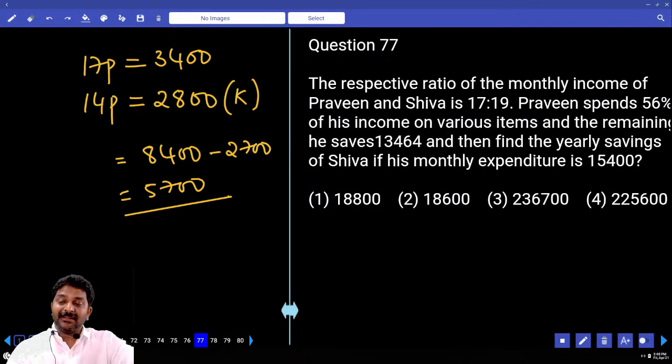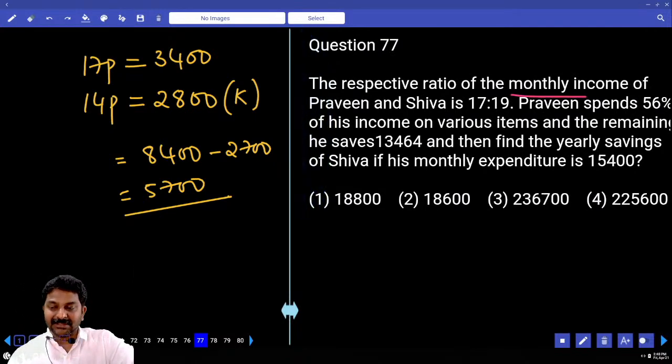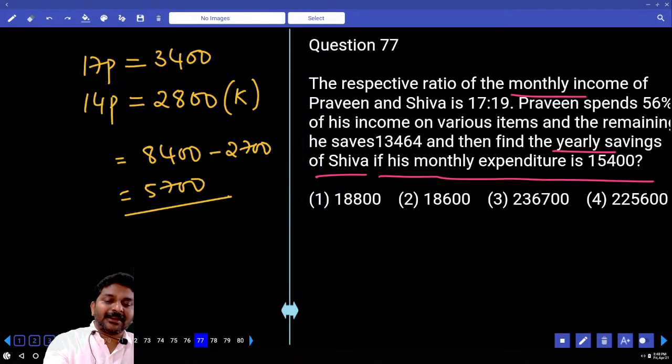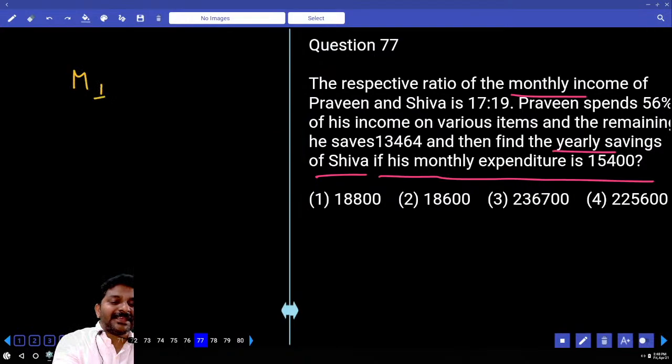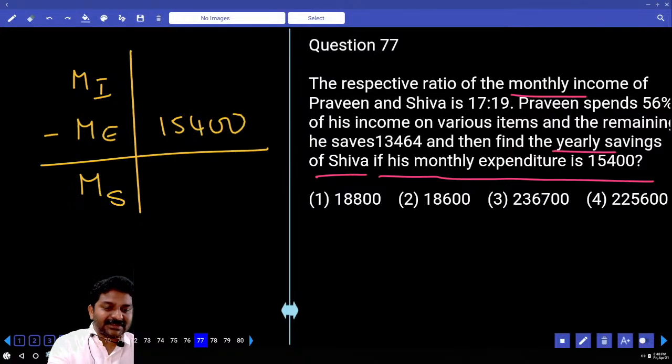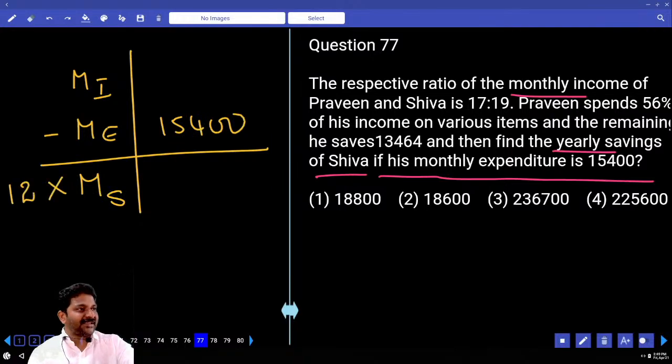Do remember the data is regarding monthly, question is regarding yearly savings of Shiva. See, from the monthly income, if you subtract monthly expenditure, which is already mentioned as 15,400, then we will get monthly savings. And when this is multiplied with 12, then we will get yearly savings.